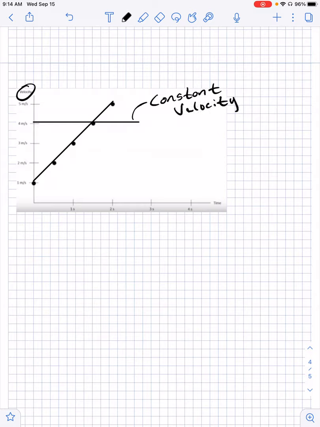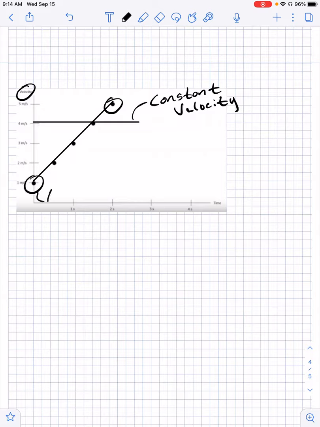But we have a linear line here, so what that means is as time is going on, the velocity of the object is changing. And so we can determine the acceleration of this object with this velocity time graph. Kind of similar to how we found the velocity of an object with the position time graph. Okay, so we're going to pick a couple points. So let's say we pick this one here and this one here.